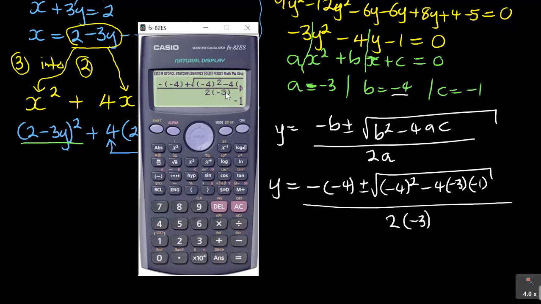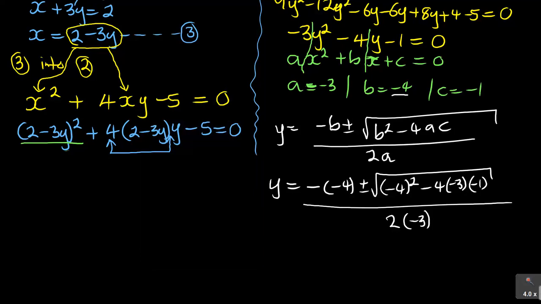When I do that, I've got the first value of y, which is minus 1, and the other is negative 1 over 3. So y is equal to minus 1 or y is equal to negative 1 over 3.